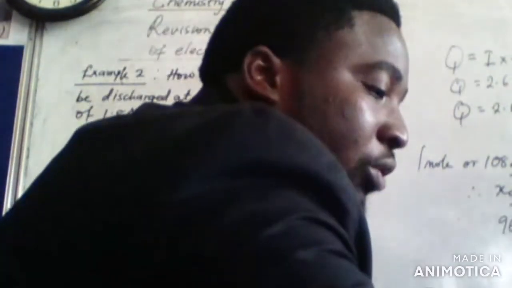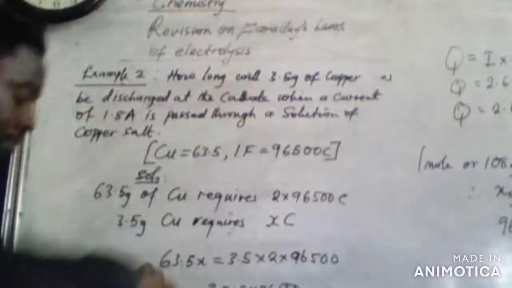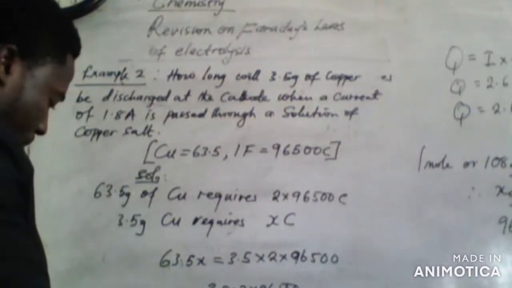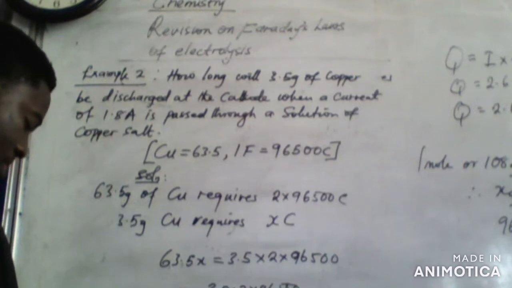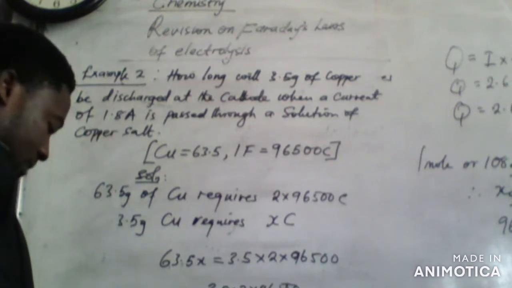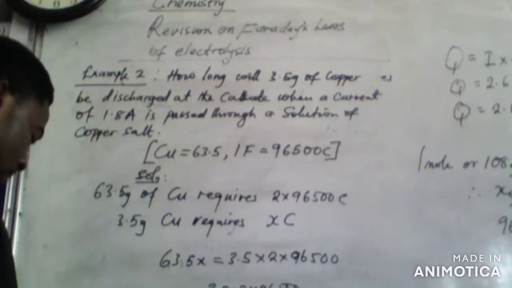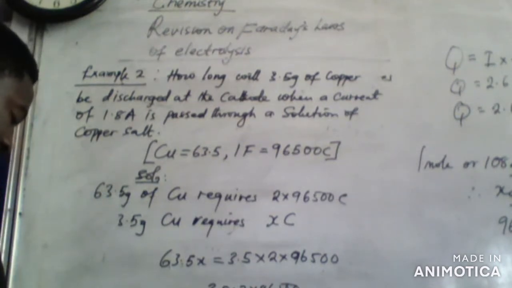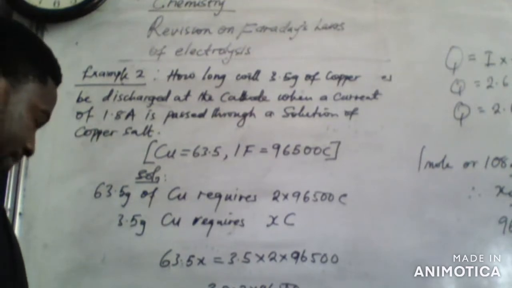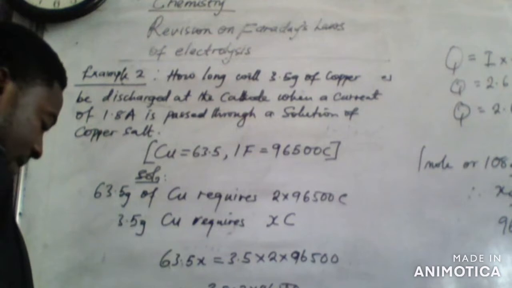So now I need to use my calculator. So I have 3.5 times 2 times 96500 divided by 63.5.